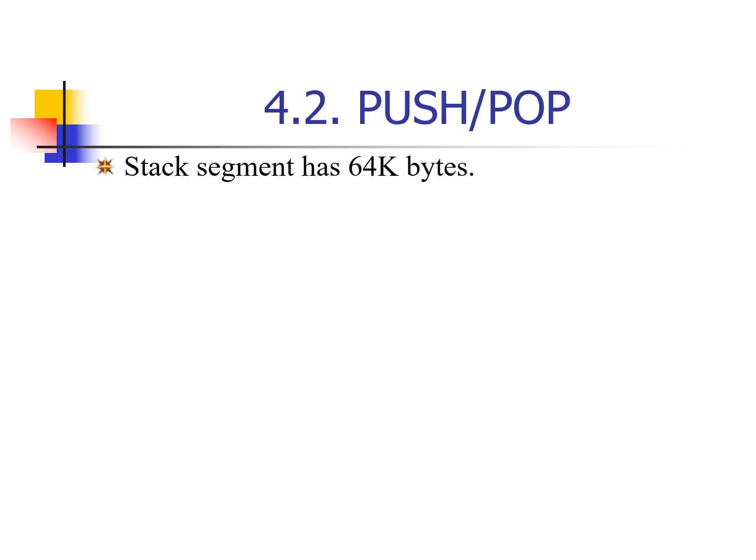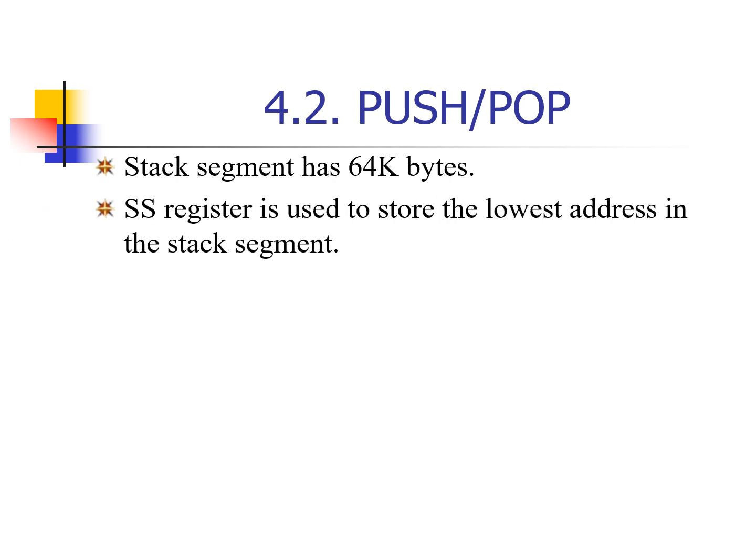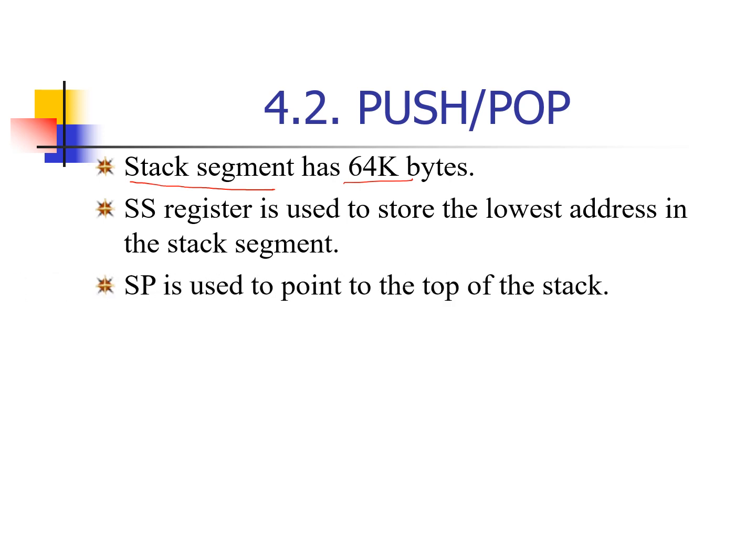Good. The first two instructions used to move data inside a stack segment, which has 64K bytes, are push and pop. The stack memory segment starts at the address stored in the stack segment register. Each byte is addressed.